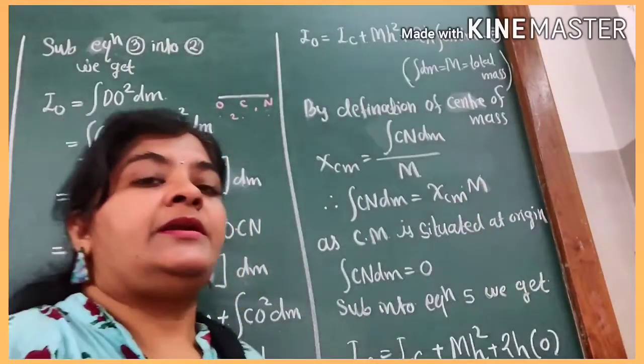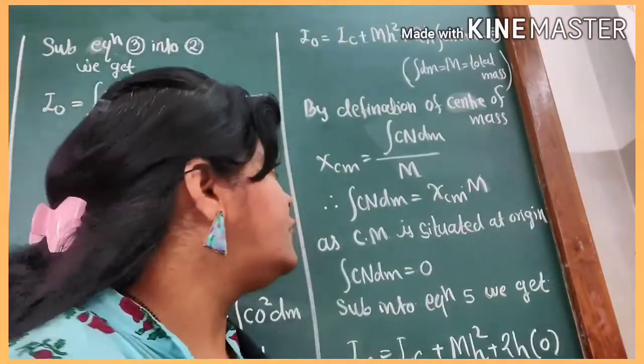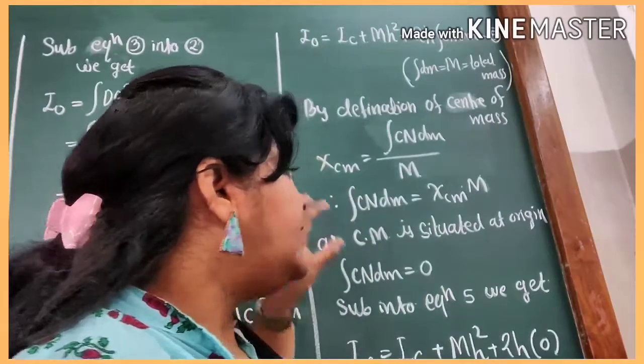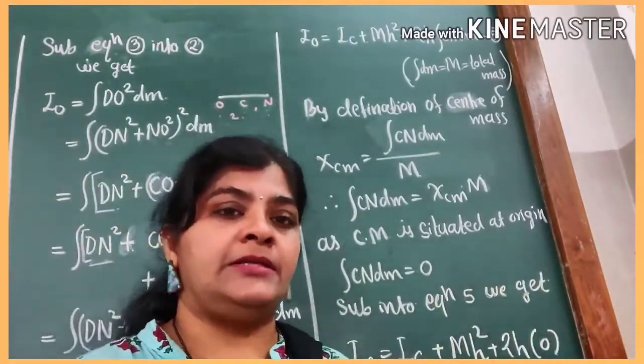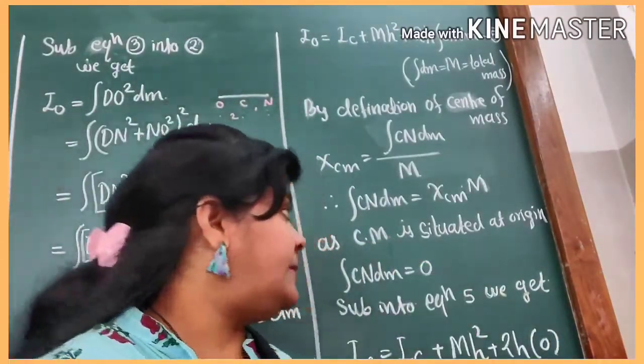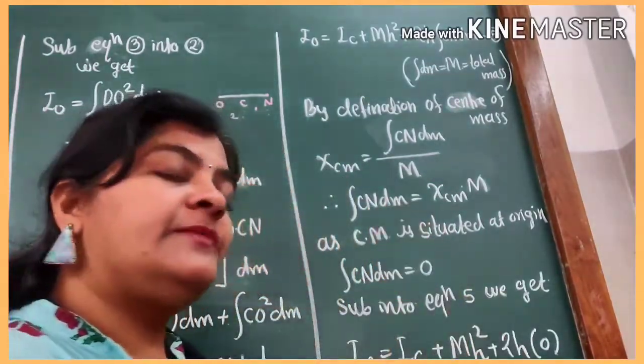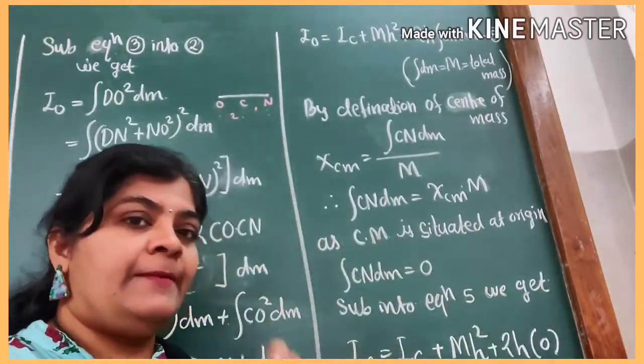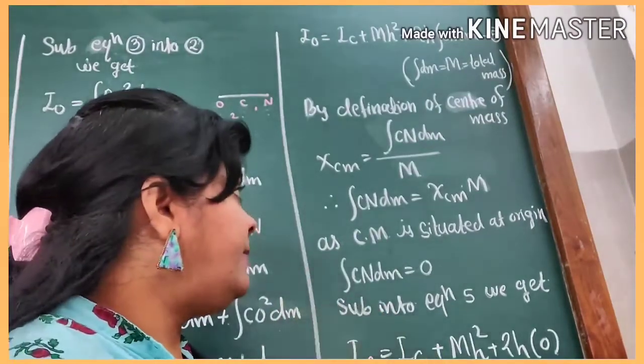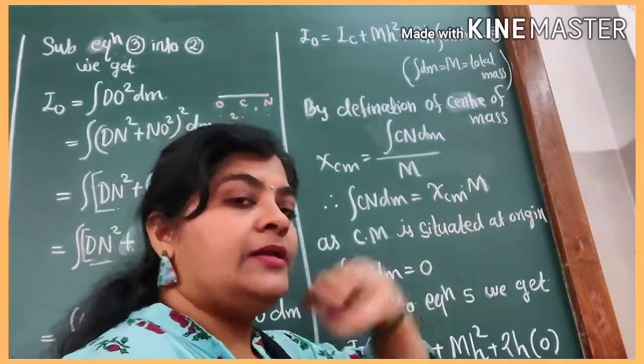For symmetrical mass distributions we are using this formula, and here we consider the center of mass to be situated at the origin. When the center of mass is situated at the origin, its coordinates x_CM and y_CM become 0.